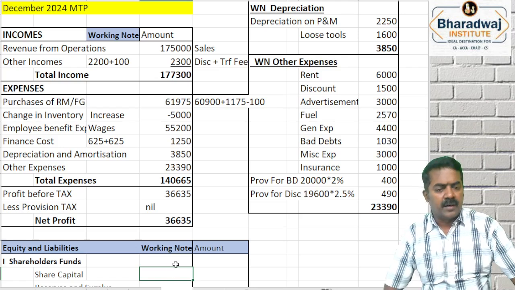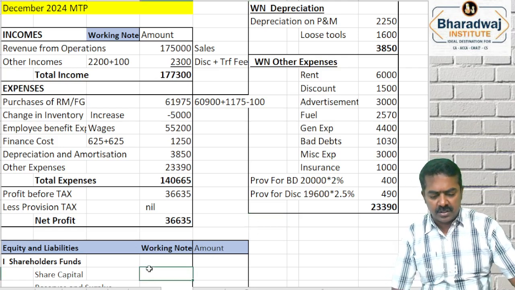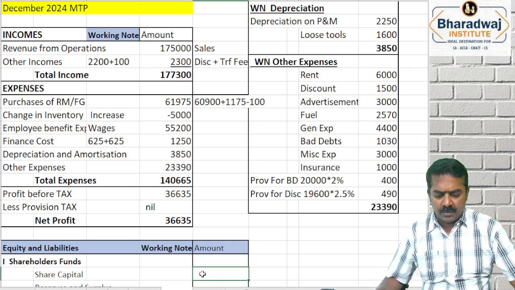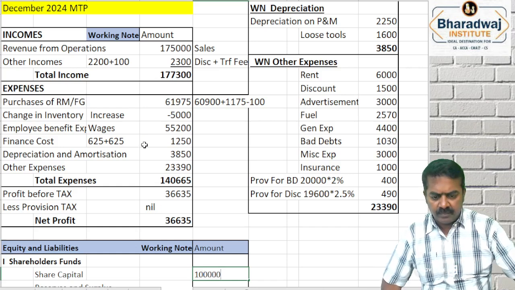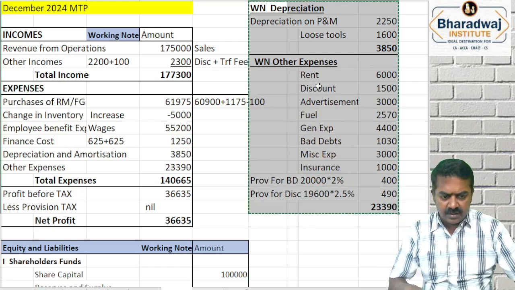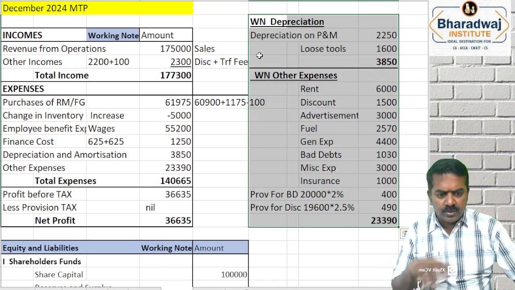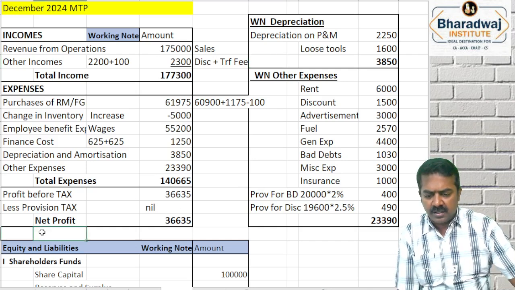Let us start with the balance sheet. Authorized share capital is just a note to accounts. But what is the share capital amount? One lakh. In this question there is no other reserves, no general reserve, nothing.